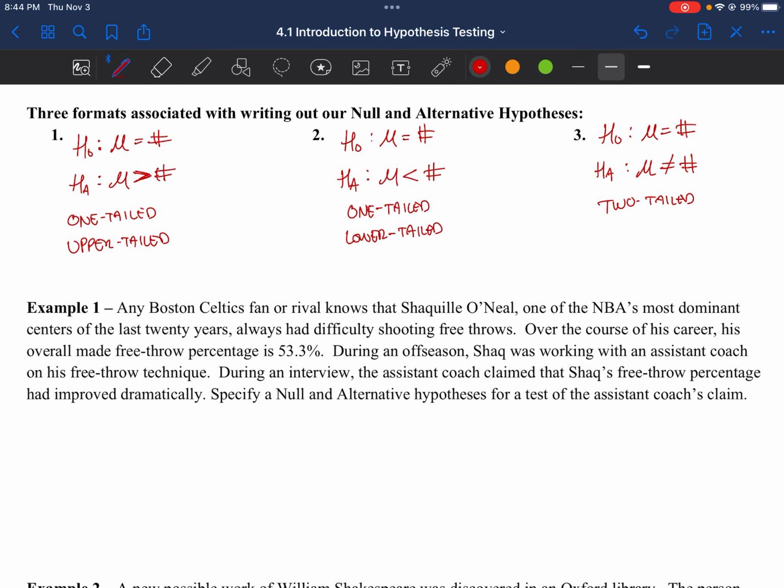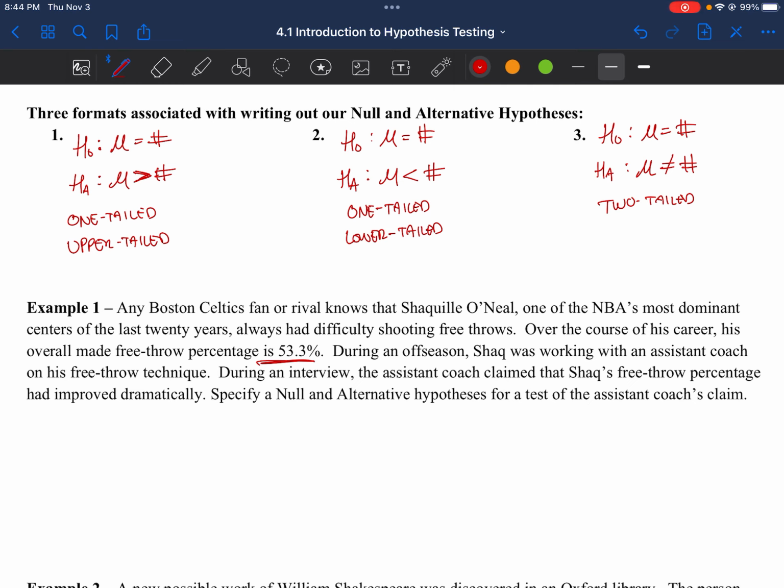Pretend we're back in the day when Shaquille O'Neal was actually playing basketball. During an interview, the assistant coach claimed that Shaq's free throw percentage had improved dramatically. So here's a claim. We have a historical number here, and now there's a claim that his free throw technique or percentage had improved dramatically.